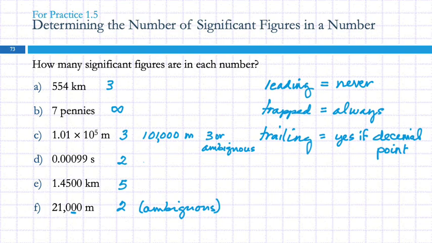So, oh, that's not what I wanted to do. So what if I did mean that this is to the nearest 10? The best thing to do is to put it into scientific notation, because the trailing zeros all go away.